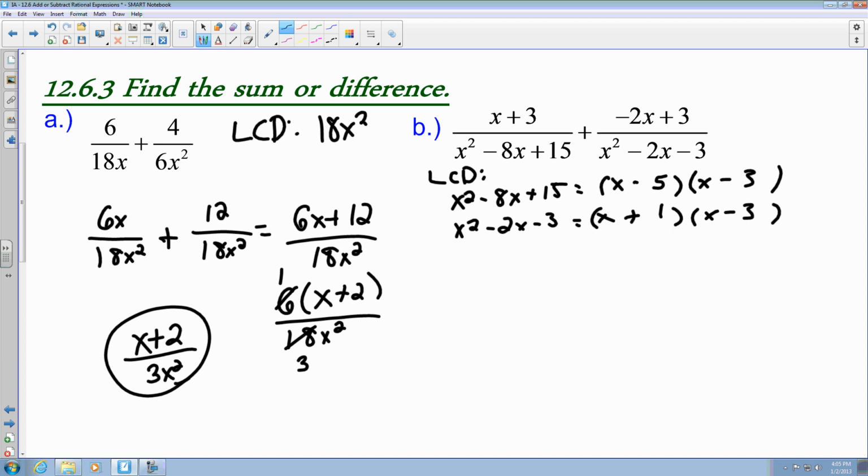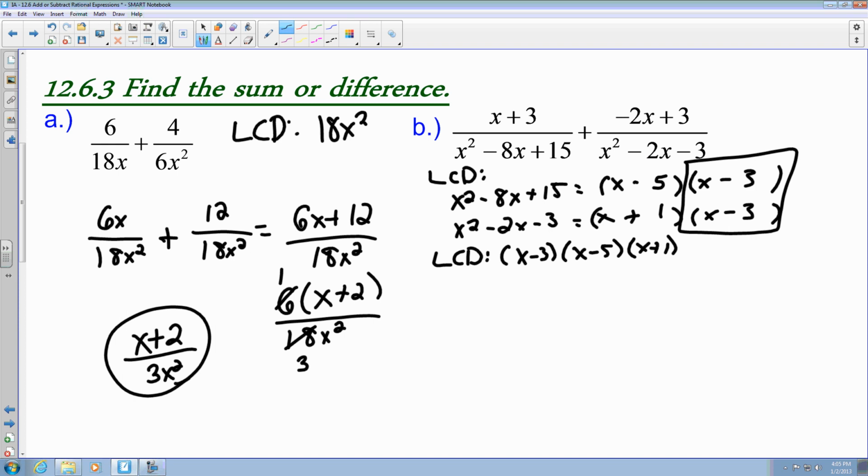And as you can see, these share x minus 3, so that means my least common denominator is going to be x minus 3 times x minus 5 times quantity x plus 1. Okay?